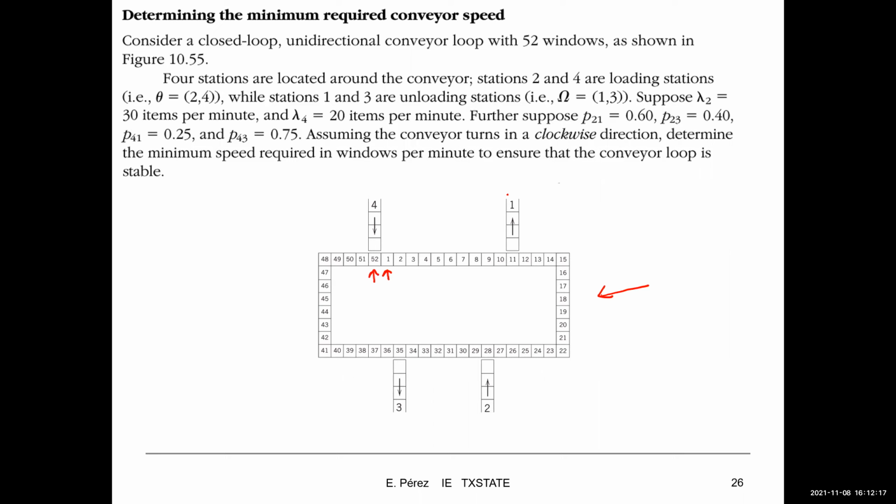Those are here, 1, 2, 3, and 4. Stations 2 and 4 are loading stations. You can see the arrow going in this direction, which means this is a loading station. And this is also a loading station.